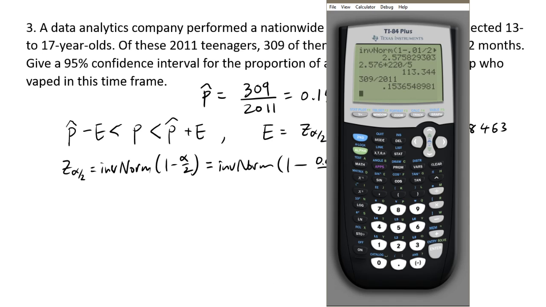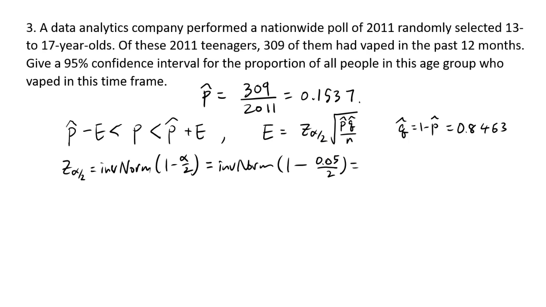If I use a calculator, second vars, go to inverse norm, and enter 1 minus 0.05, then divide that by 2, and enter, you get 1.96, if you round it to the nearest hundredths.